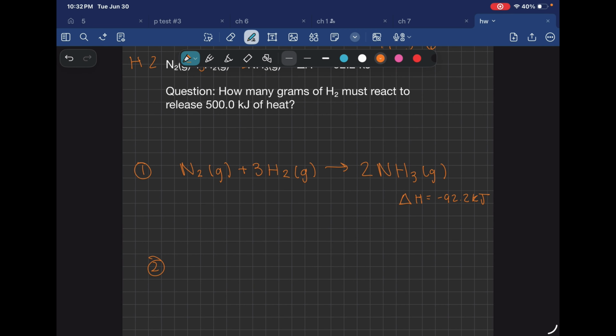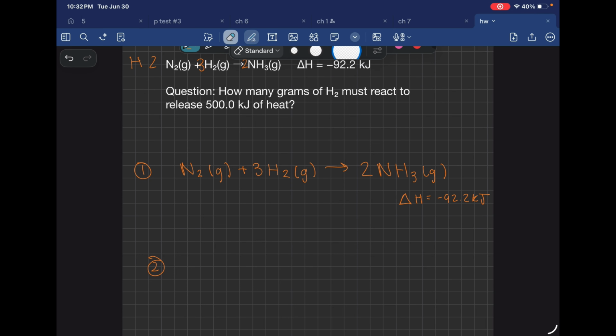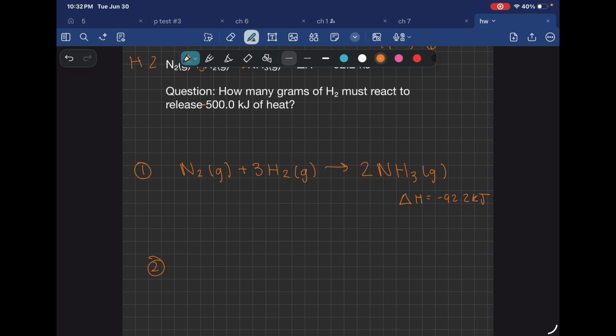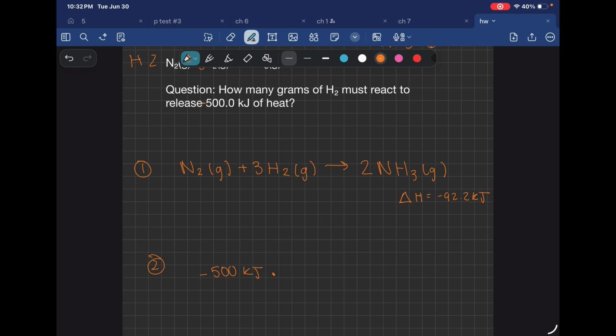Our step 2 is to use the mole ratio of H2 to convert our kilojoules into moles. My question here is actually supposed to be negative 500 kilojoules. So we have negative 500 kilojoules times 3 moles of H2 hydrogen gas for every 1 kilojoule.